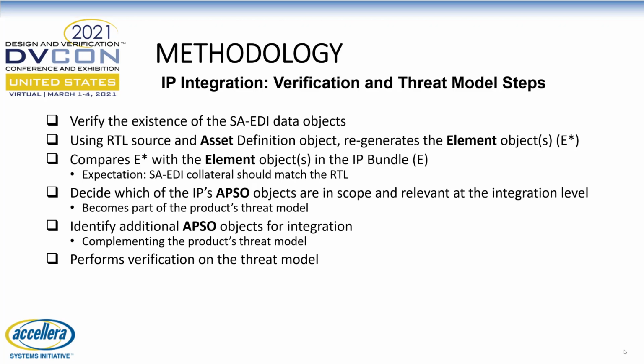From there, decide which of the IP's attack point security objectives are relevant to the integrating system. That becomes part of the product threat model. Next, identify additional APSO objects that would complement the ones from the IP. And then perform verification of the threat model at the integration level.